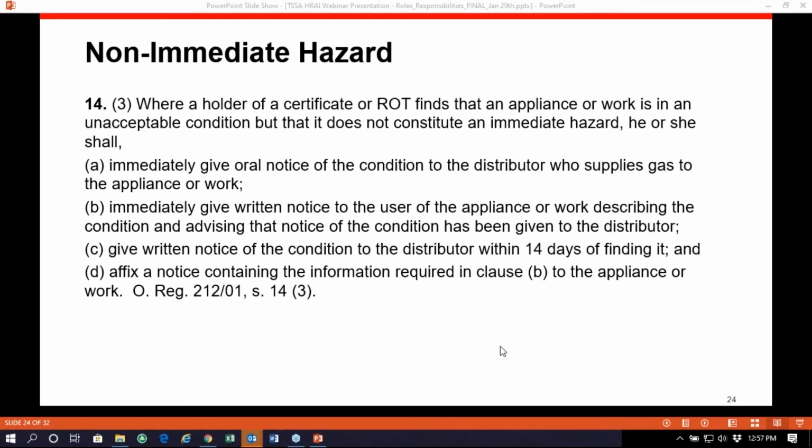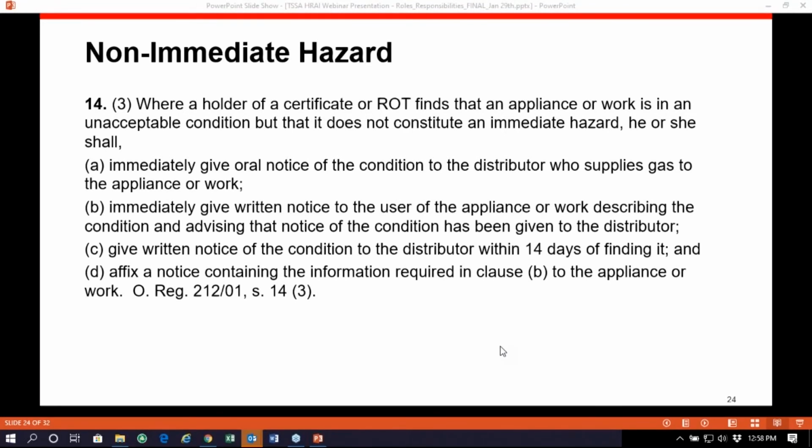For the non-immediate, the same kind of criteria applies, where a holder of a certificate or an ROT finds that an appliance or work is in an unacceptable condition, but not an immediate hazard. Again, there are certain actions that you must take, but there are a couple of other options too.